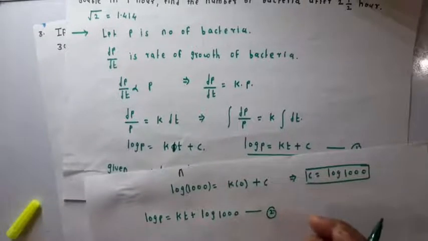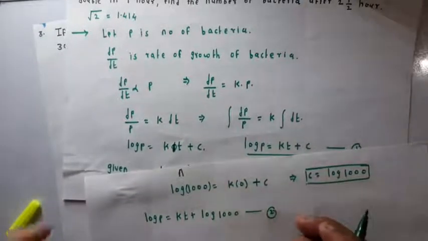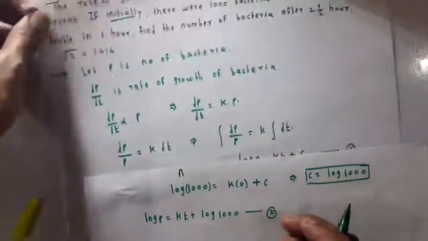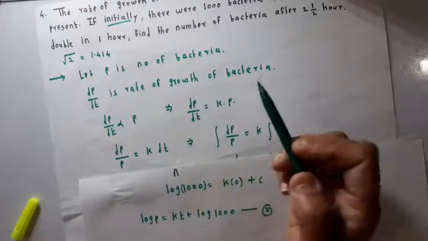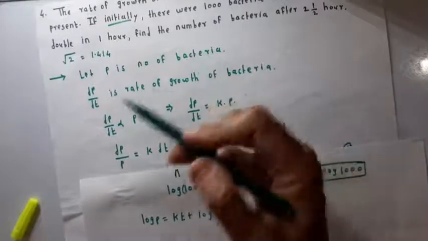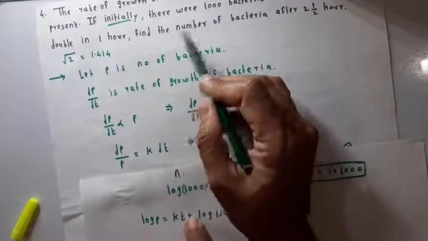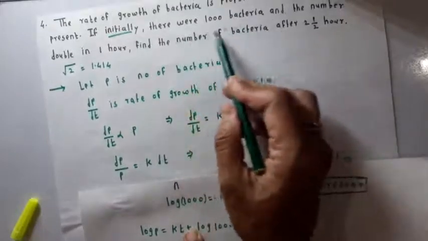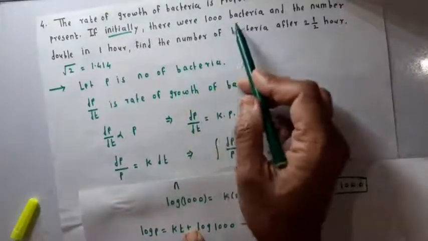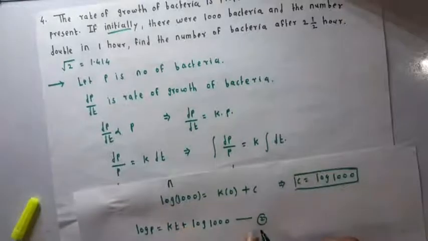In this way, step by step, solve the problems. I have already explained the steps. So first find out the basic equation, then find out the initial value of the population, whatever bacteria or population. Initially there were 1000 bacteria; by using this given information we found equation 2.